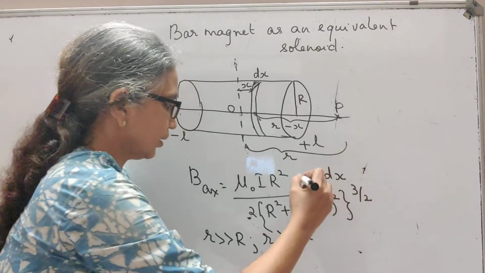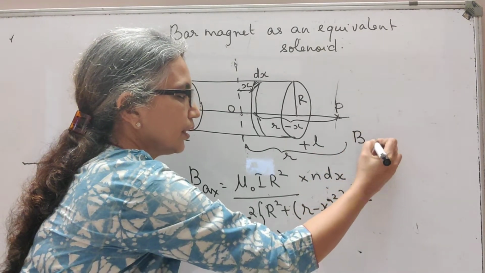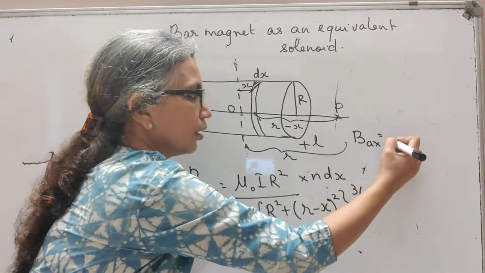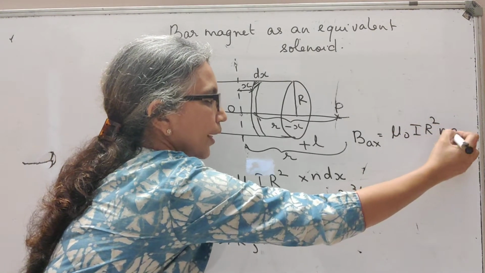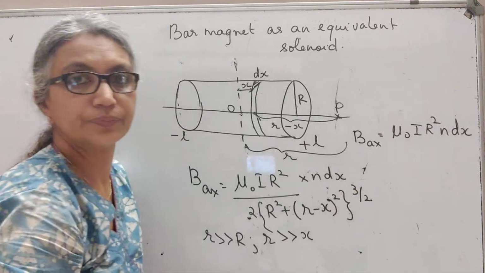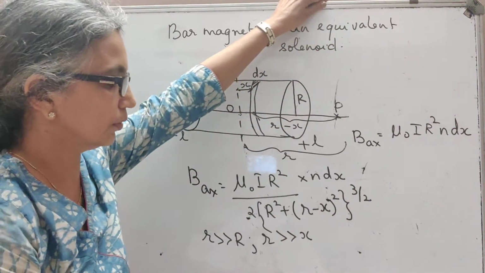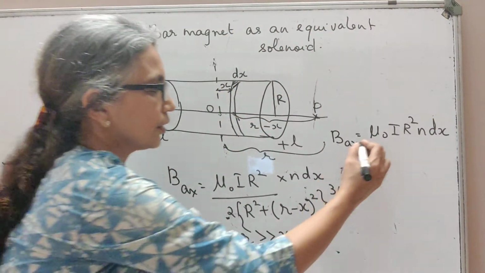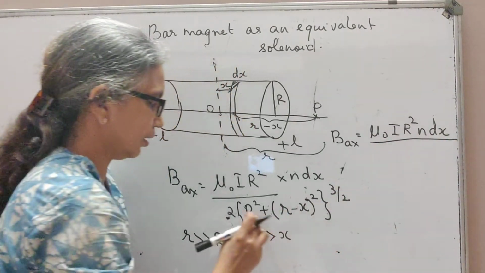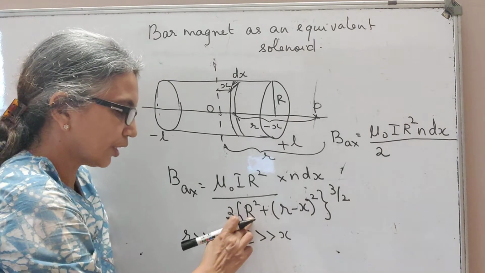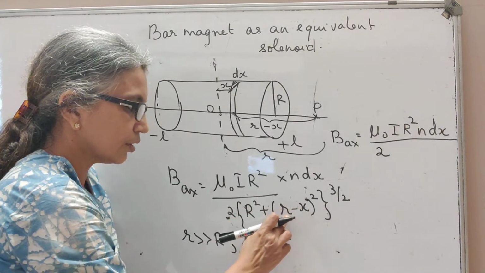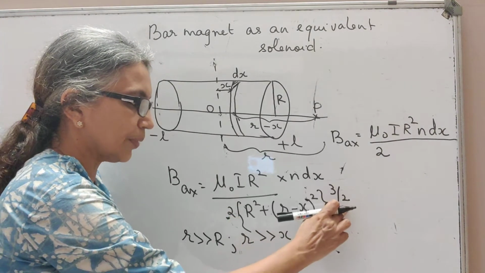So here we will write B axial is then equal to mu 0 I r square into n dx divided by 2 into, we have neglected this, so we have r square raised to 3 by 2.